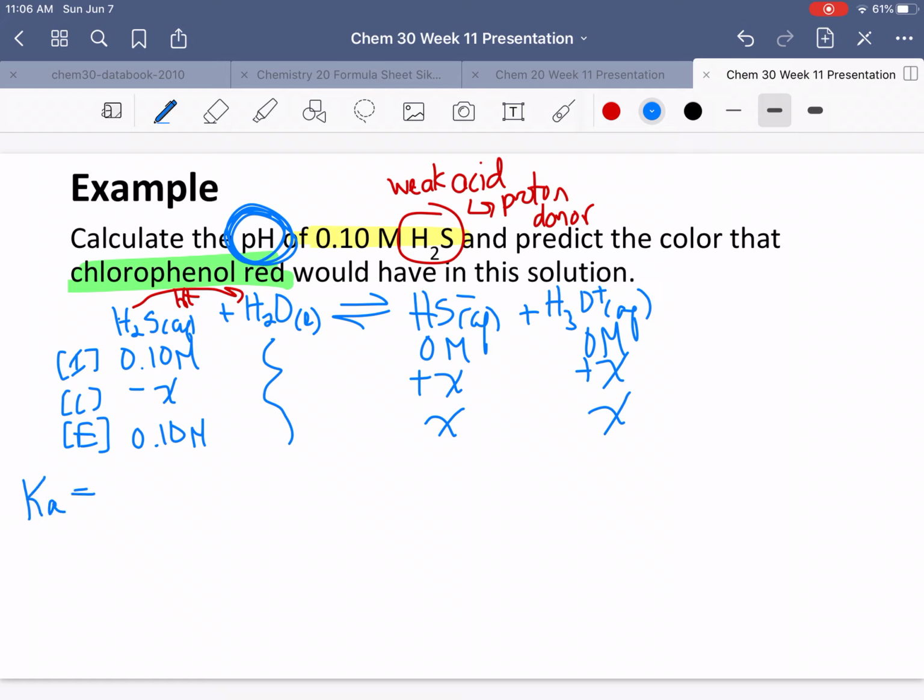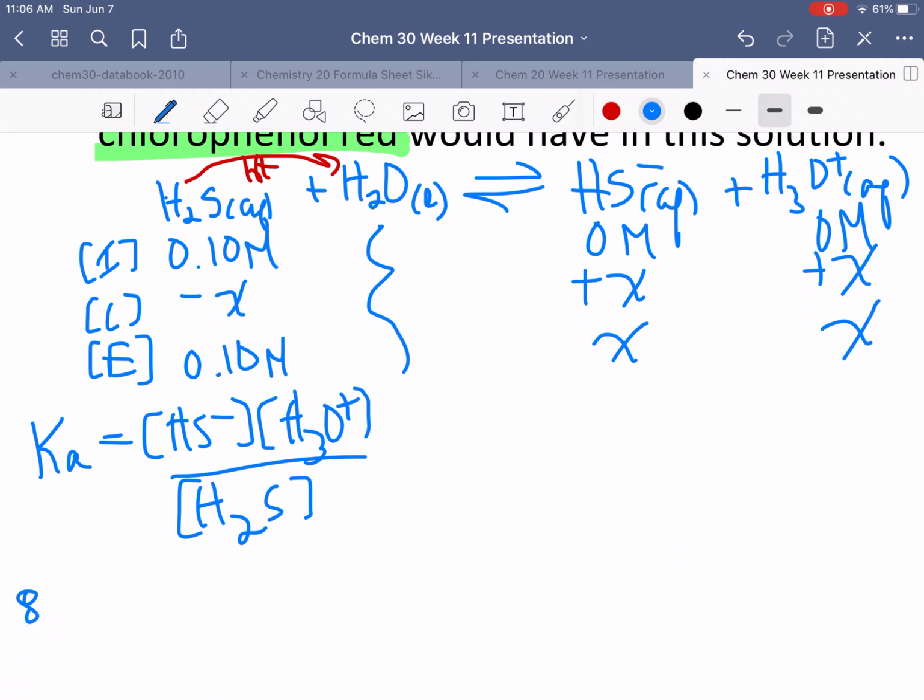Ka is equal to HS negative concentration times hydronium concentration divided by the H2S, the hydrosulfuric acid concentration. Plug in what you know. There we go. Okay. 8.9 times 10 to the negative 8 is from your data booklet, page 8 and 9, equals X squared over 0.10 moles per liter.